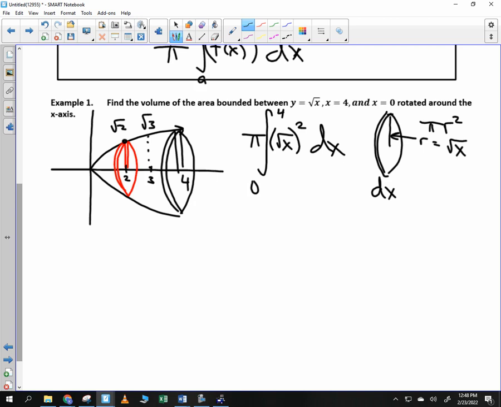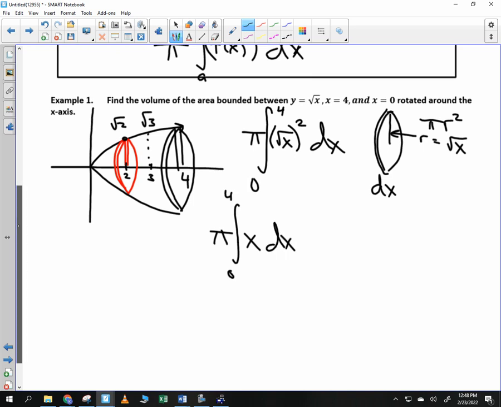What's square root of x squared? x. So we have pi times x integrated. Whoop, I'm sorry. Sorry about that. Pi x integrated from 0 to 4 dx. What is the antiderivative of x?